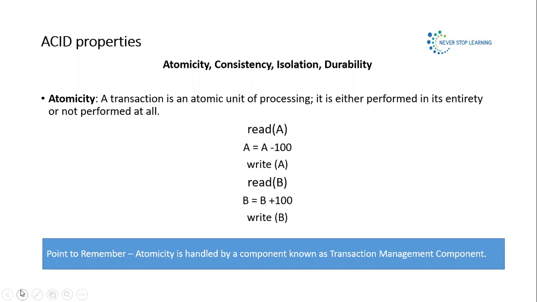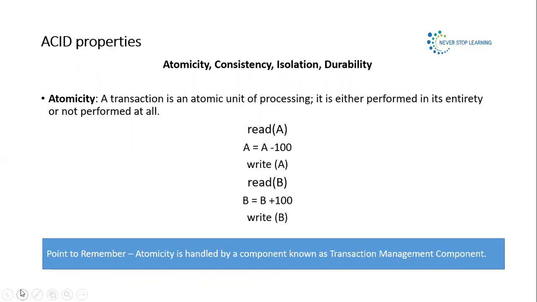Nothing but ACID property. In the previous lecture, we have already discussed transaction. So we know that a collection of operations that perform a single logical unit of work is called a transaction. Because of a transaction, there can be certain updates in the data items.